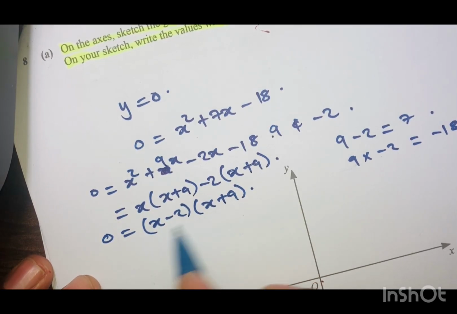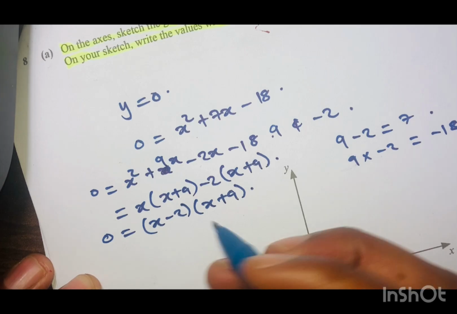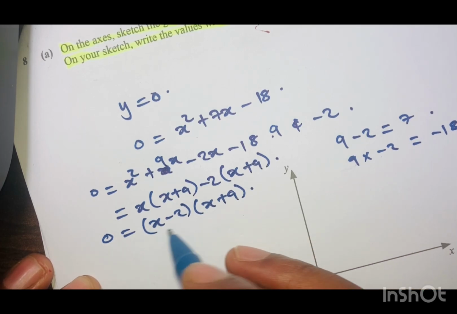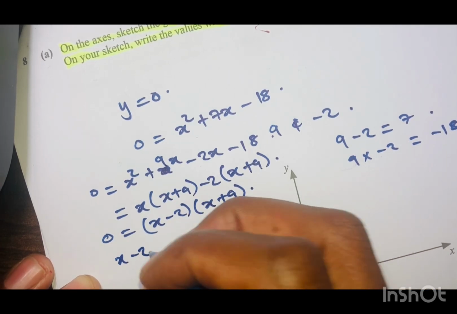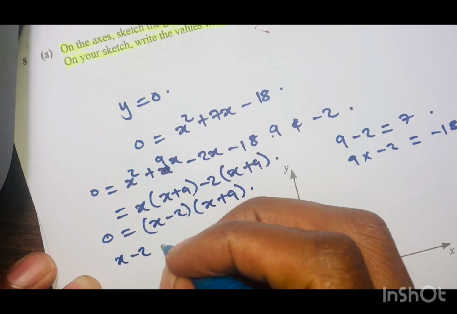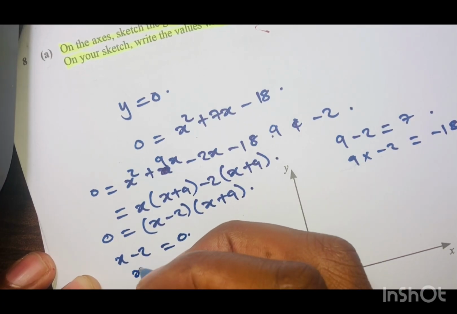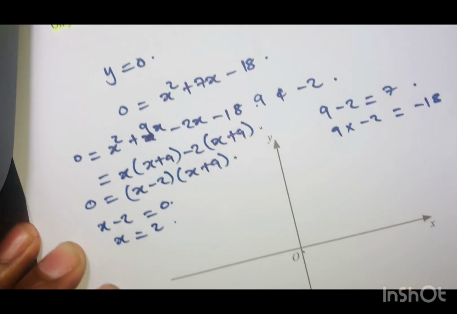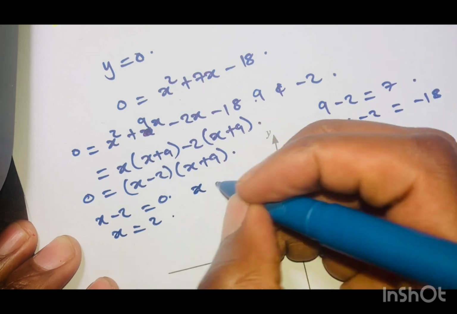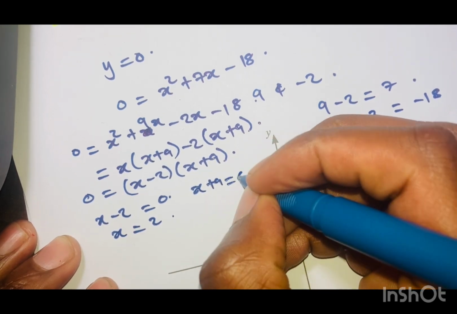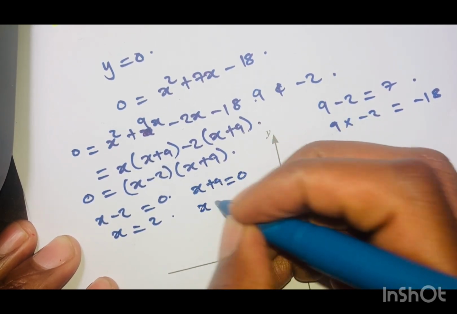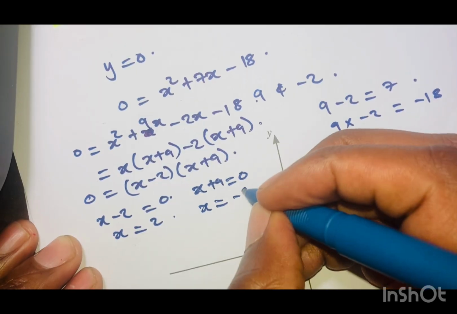To find the values of x, we equate each bracket to 0. x minus 2 equals 0, then x equals 2. Then x plus 9 equals 0, then x equals negative 9.